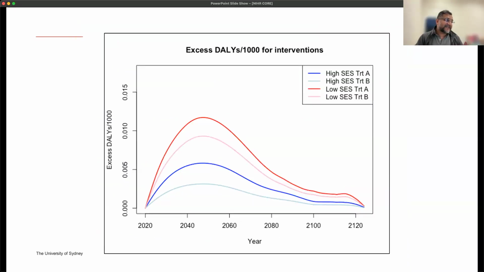But as you can see, these are not real numbers, these are made up numbers. But what we are now able to do within our group, with our base model, is show how perhaps the combinations of interventions and population subgroups can give you lifetime tallies under intervention compared to business as usual.